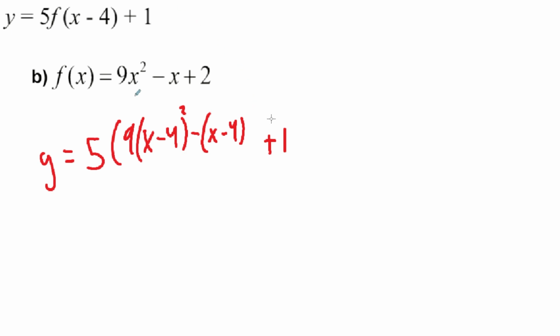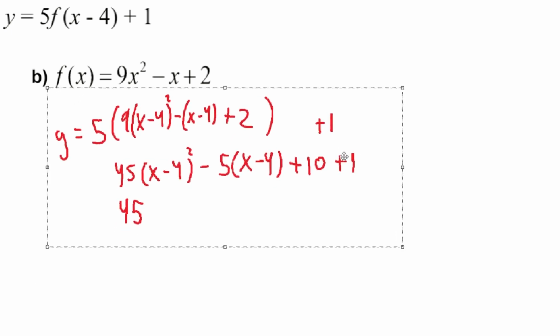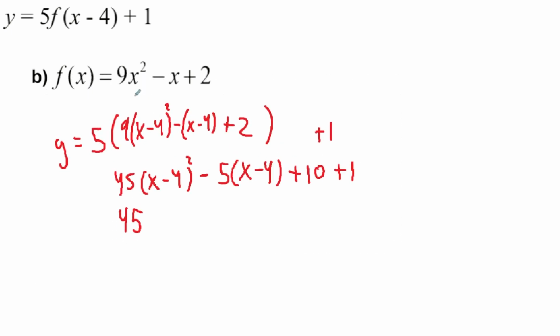I'm running out of space here. And then plus 2. Okay. And now let's just distribute it. 45 x minus 4 squared minus 5 x minus 4 plus 10 plus 1.